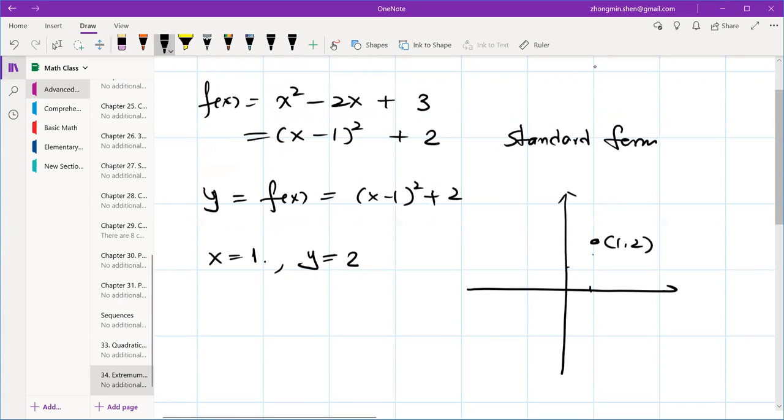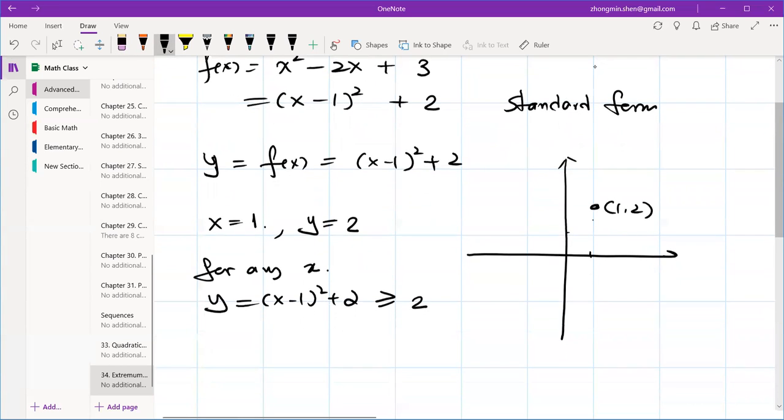Then you also see that for any value of x, y equals (x minus 1) squared plus 2 is never less than 2. It's always greater than or equal to 0 squared plus 2, right? So it's always at least 2. That means the smallest possible value for y is going to be 2, right?